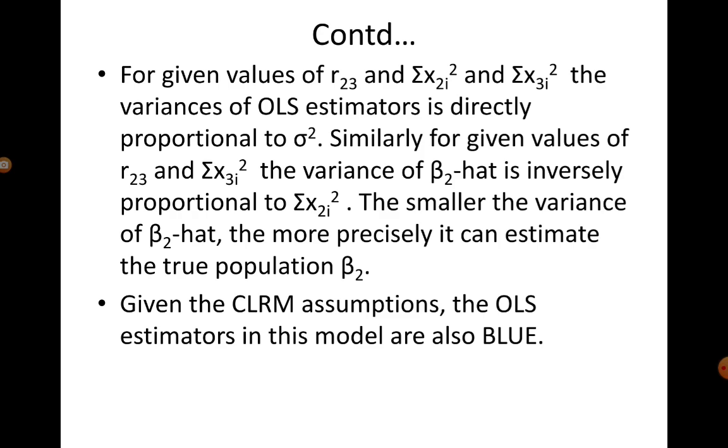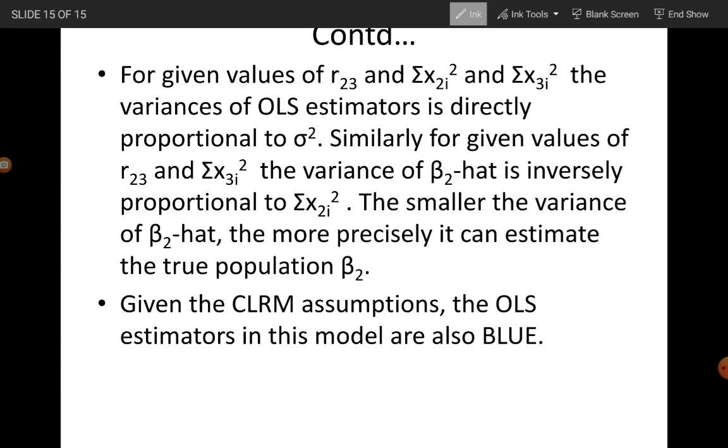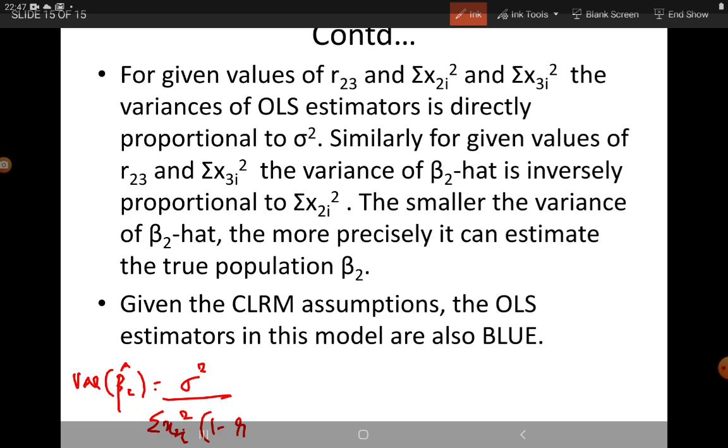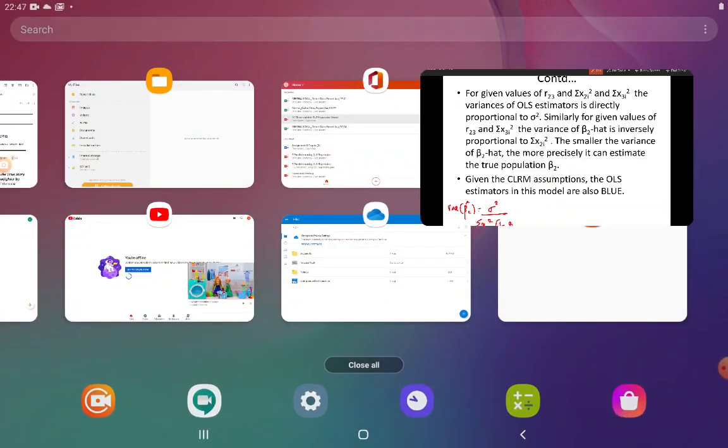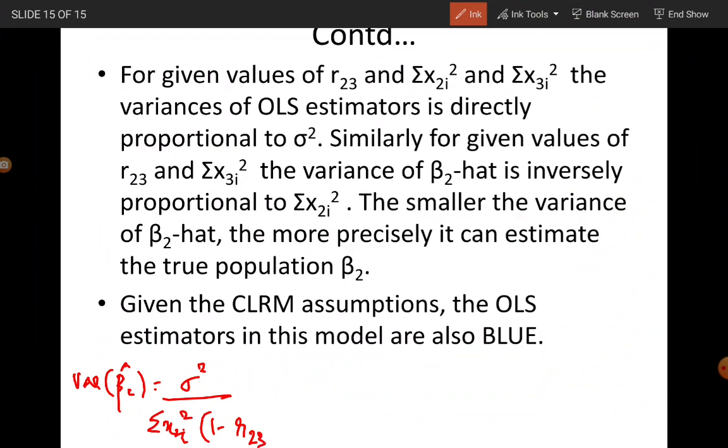Let me just write the formula here in ink. I'm writing the simpler formulas which use the correlation coefficient. The variance of beta 2 hat is sigma square divided by summation x2i whole square into 1 minus r23 whole square, right?